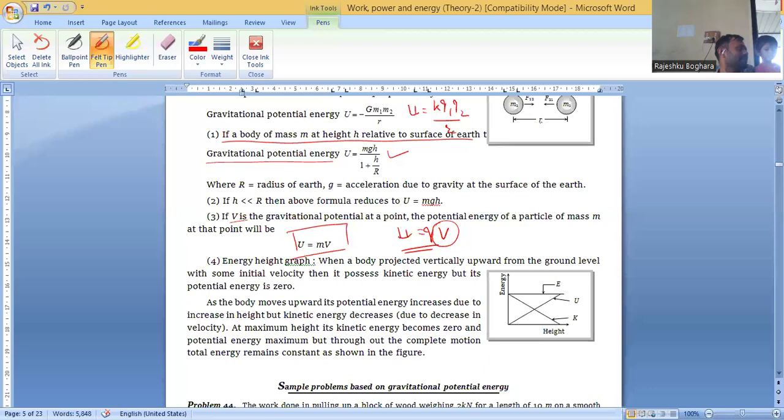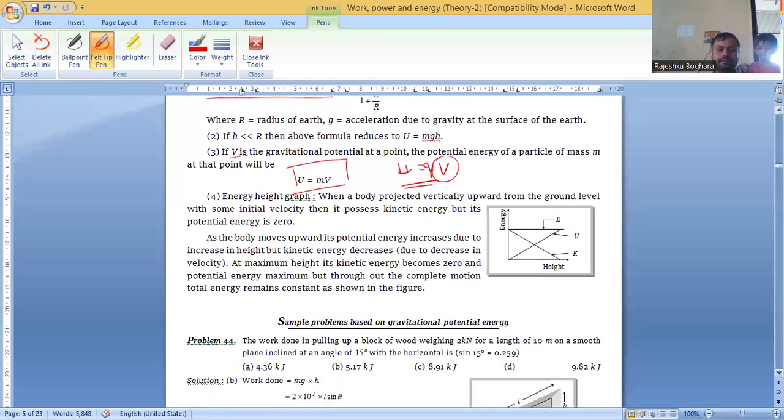At the bottom, kinetic energy is maximum and potential energy is 0, but total energy is constant. As height increases, kinetic energy decreases and potential energy increases. We have to remember this, okay? So this was the potential energy topic.